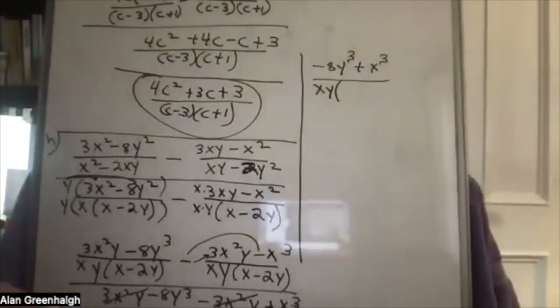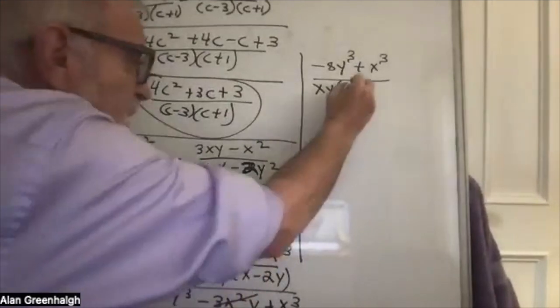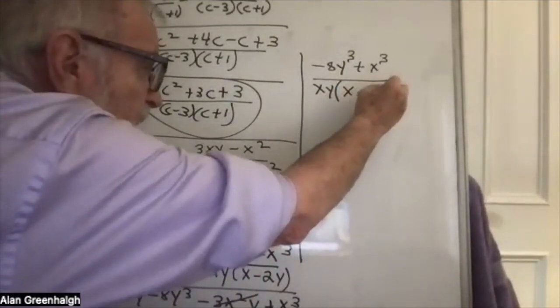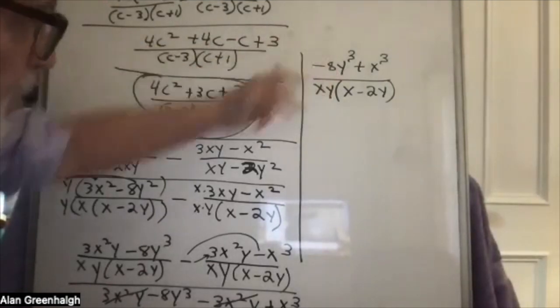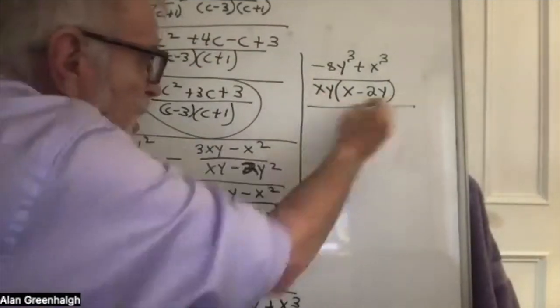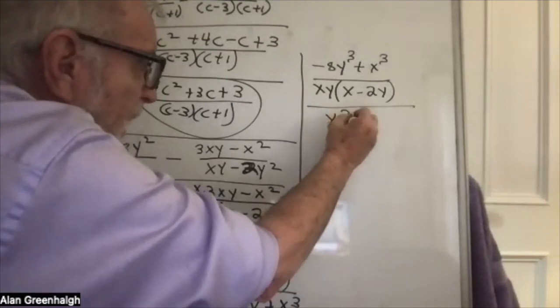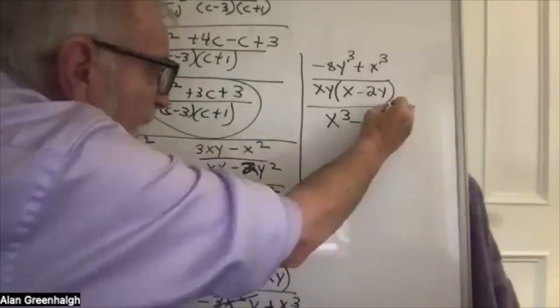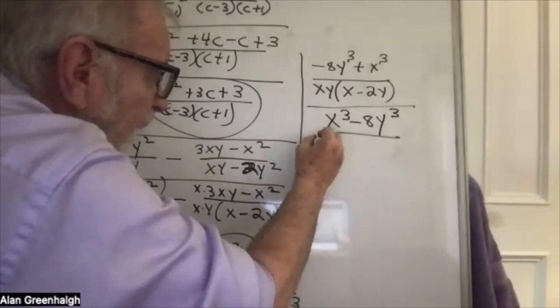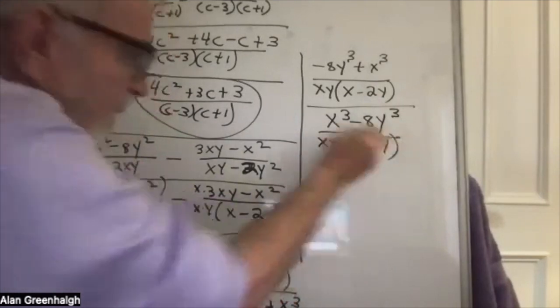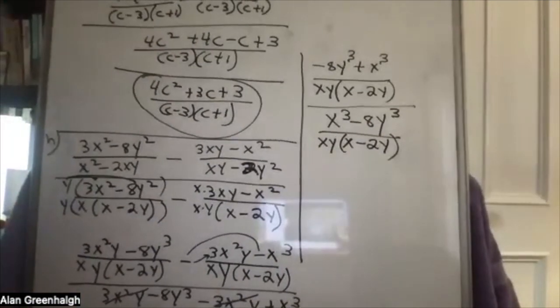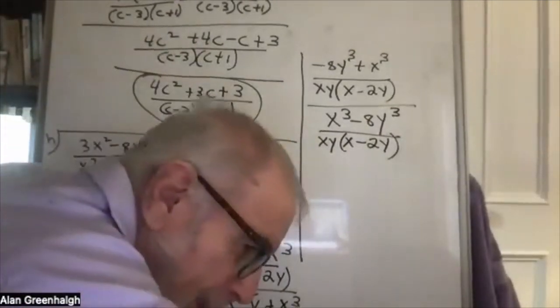Professor, can you? Yes. xy times x minus 2y. Now let's take this and flip it around. So here's what we have. Isn't it the difference of cubes?